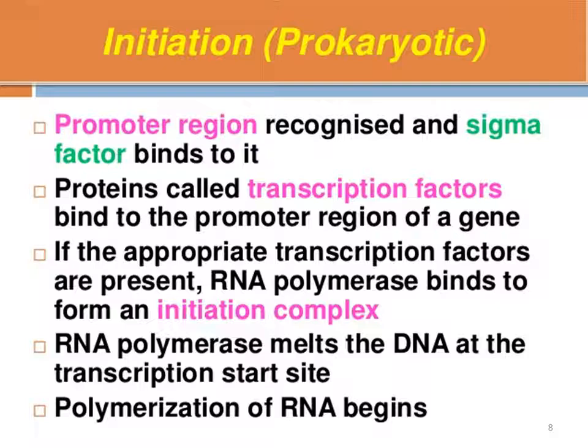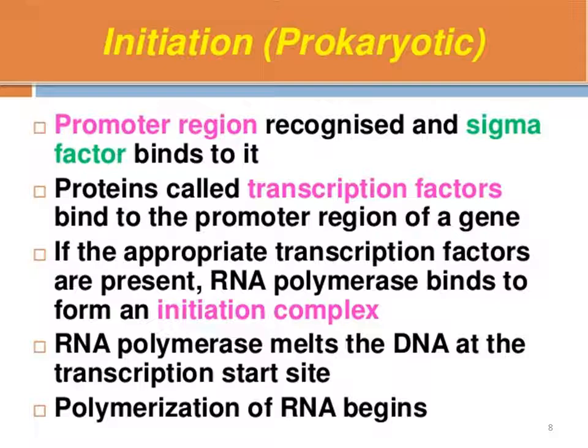So what is the sigma factor? As we have learned, the RNA polymerase enzyme consists of different subunits, like the alpha subunit, sigma, and so on. So what is happening?